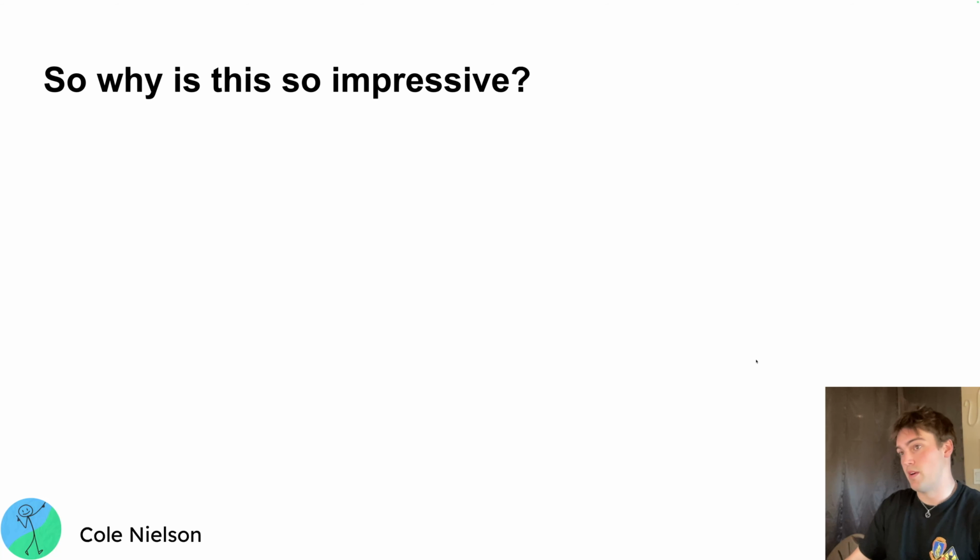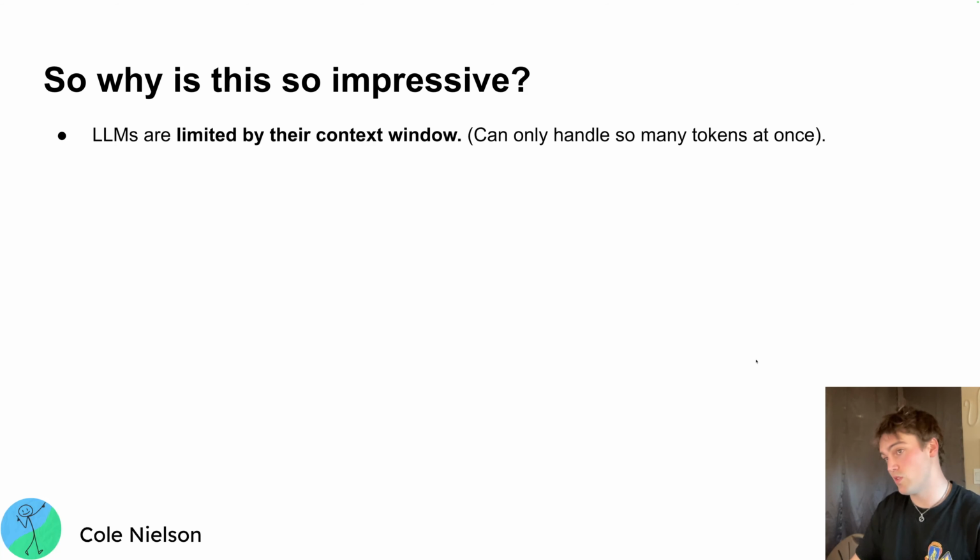So why is this so impressive? Large language models are limited by their context window. They can only handle so many tokens at once. Tokens, if you don't know what those are, are not words and not characters, but parts of a word. Sometimes they're full words, but a period, for example, is a token. Each LLM has a context window.